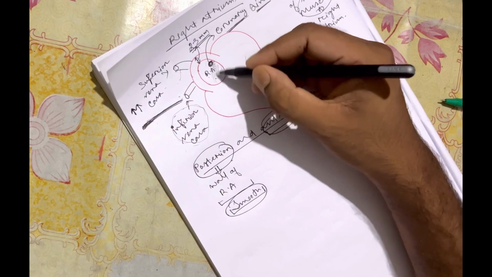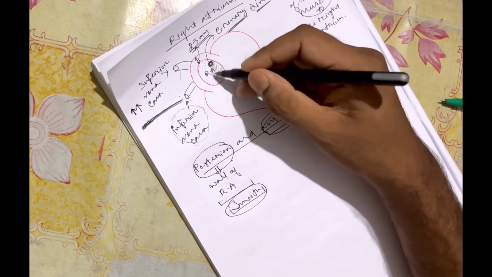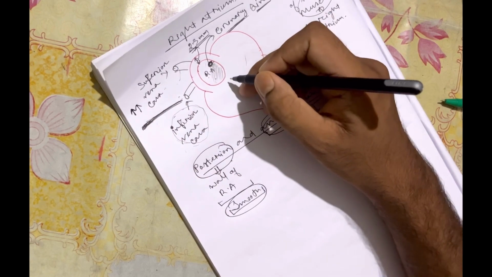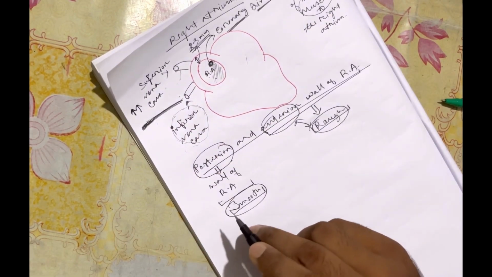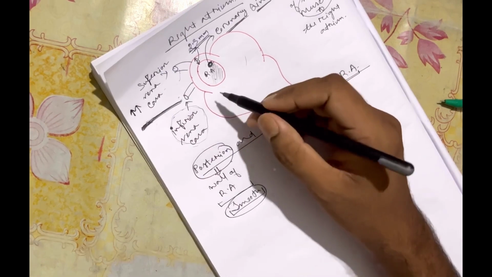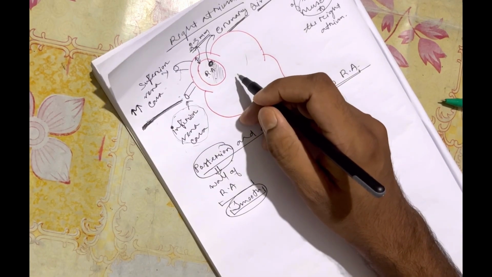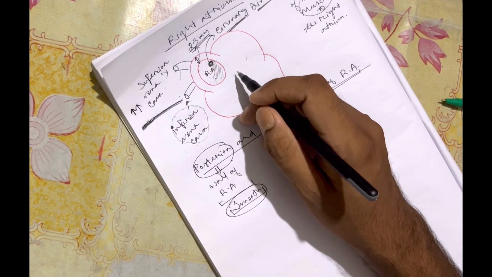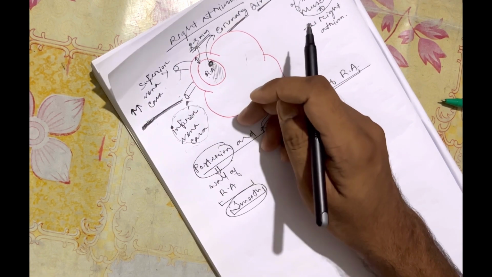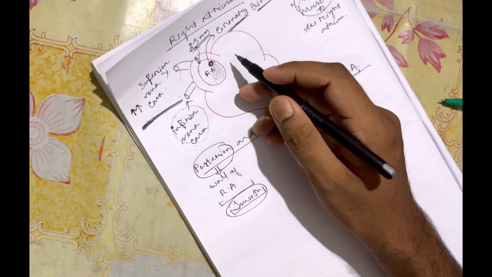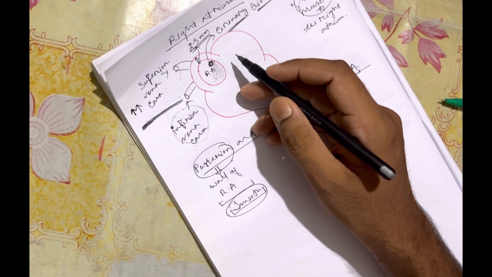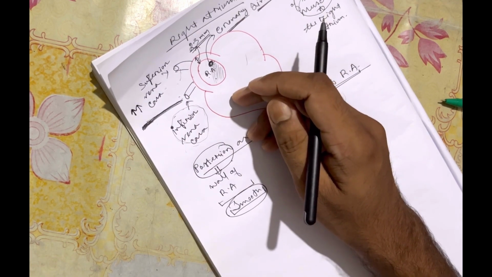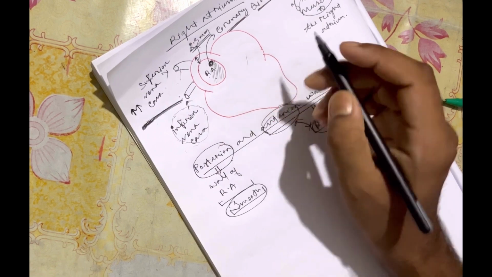The internal wall of the anterior side of the right atrium is quite rough as compared to the posterior wall, because the anterior wall consists of pectinate muscles. Because of the pectinate muscles, the inside lining of the anterior wall of the right atrium is quite rough. So this is the thing.